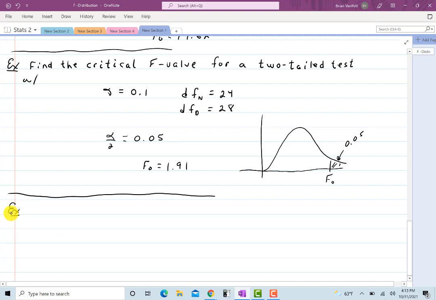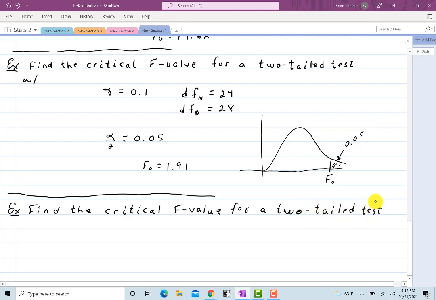And for the last example in using these tables, find the critical F value for a two-tailed test with alpha equals 0.05.